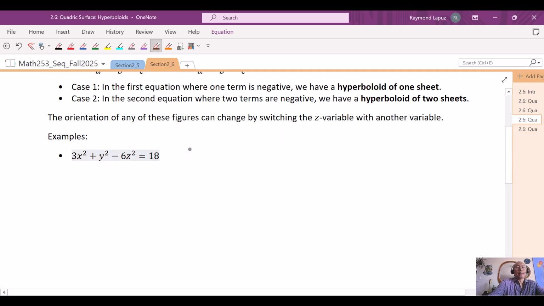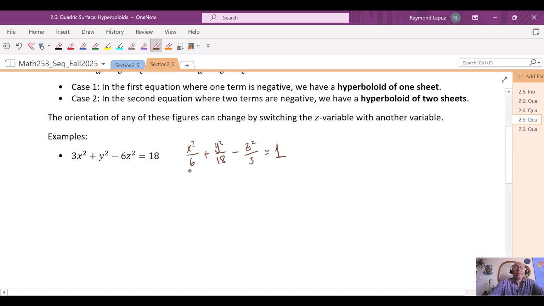When we do that we're going to get x squared over 6, since 3 goes into 18 6 times, then y squared over 18, and then negative z squared divided by 3, since 18 goes into 6 3 times, and now we have this whole thing equal to 1.